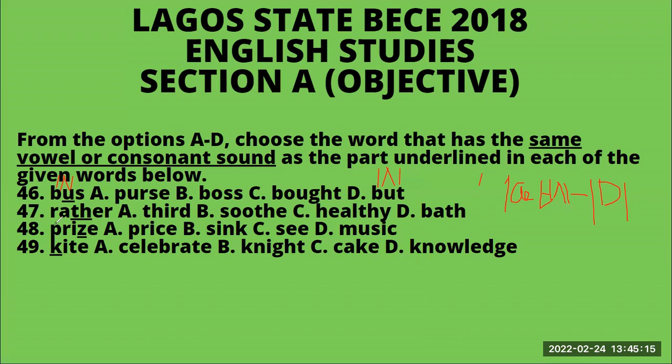Question number 47, rather. So you look at the letters underlined, TH, it is the voiced dental sound. Now, there are two types of dental sound. This is voiced, and this is voiceless.